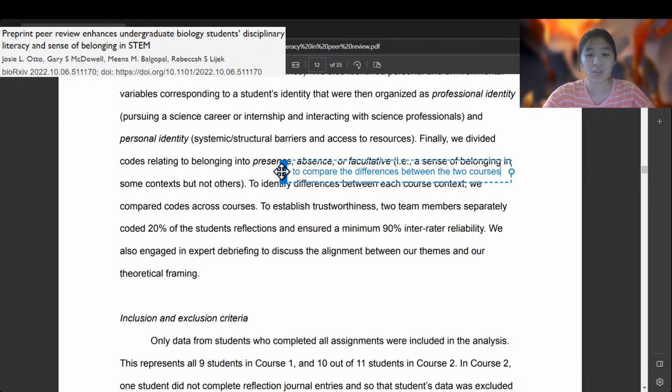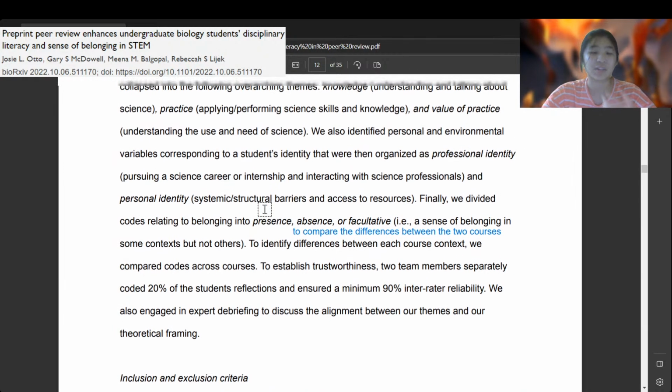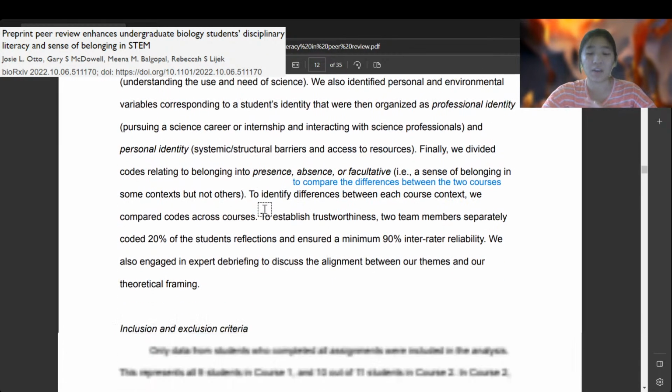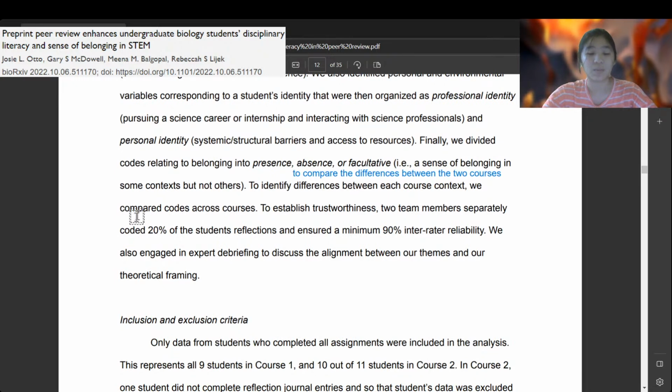And to establish trustworthiness, two team members separately coded 20% of the students' reflections and ensured a minimum 90% inter-rater reliability. So basically, two of the research team members who were doing this experiment went through the students' reflections and would identify each reflection as, like, presence or maybe professional identity, or basically any of the other themes that they set out.